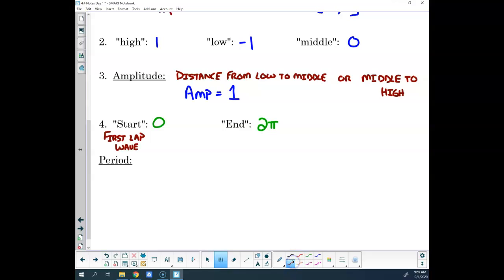The period is the horizontal distance to make one complete wave.